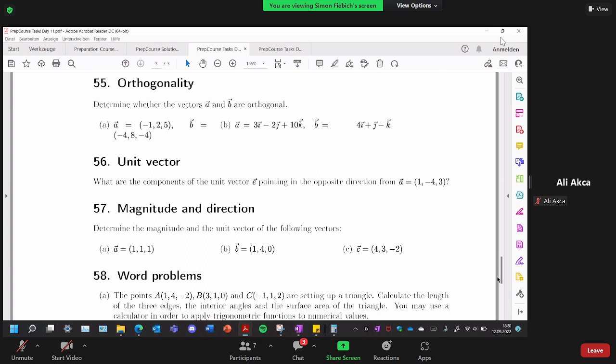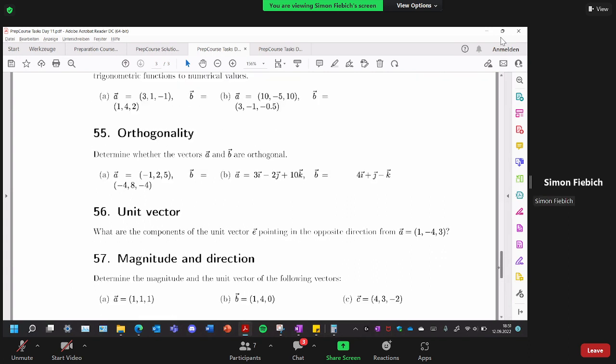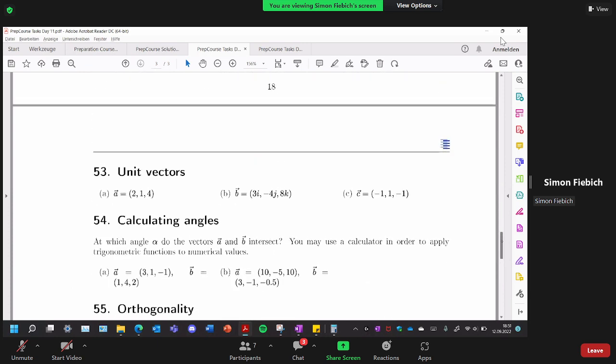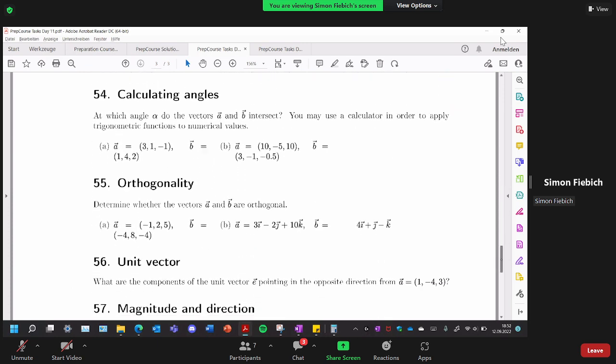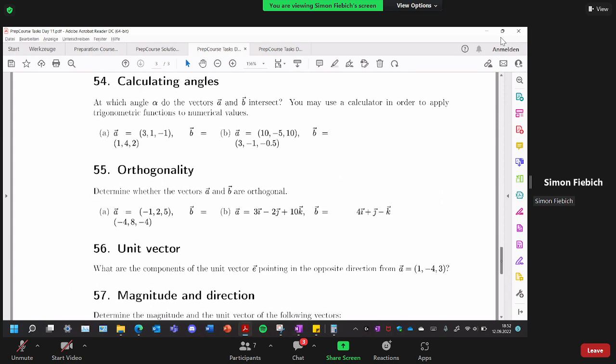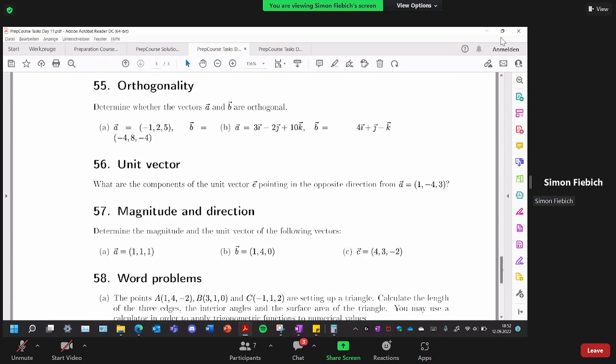There is a wonderful term in German for two lines in three-dimensional space when they do not intersect. The term is called windschief.